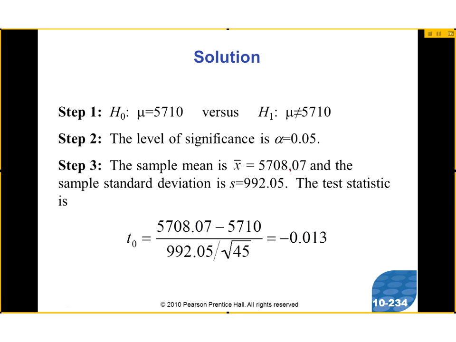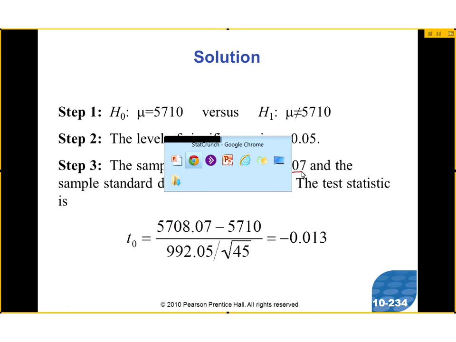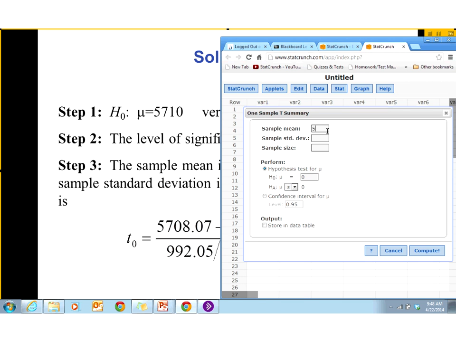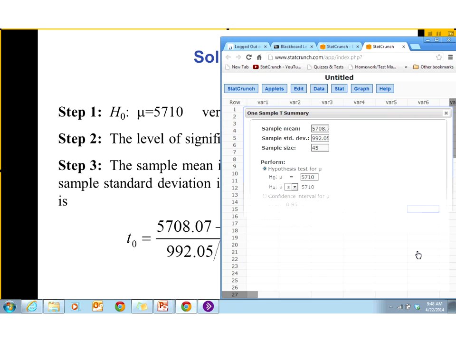The sample mean was 5708.07 right here. The sample standard deviation was 99.2, and the sample size was 45. And unlike in Chapter 9, we're going to do a hypothesis test, where H naught is 5710. And we're doing a two-tailed, so not equal. Compute.